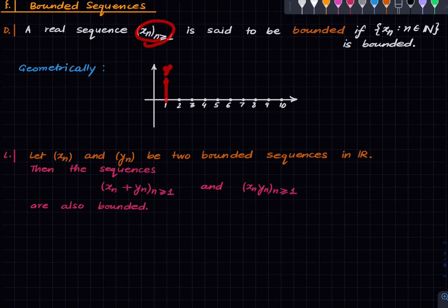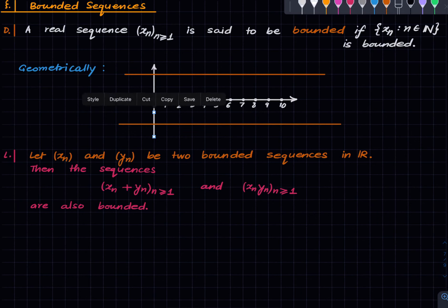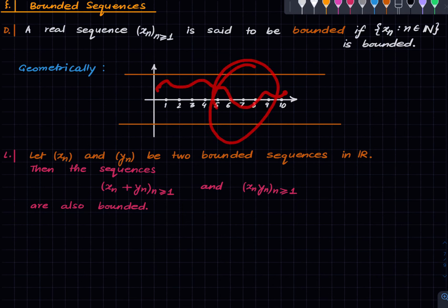So here I will plot x_1, then x_2, x_3, and so on. Boundedness is merely saying that there is some band around the origin, a band of width k, between which the graph will be sandwiched. You will not find the graph violating this boundary at any point. So that's what a bounded sequence is.